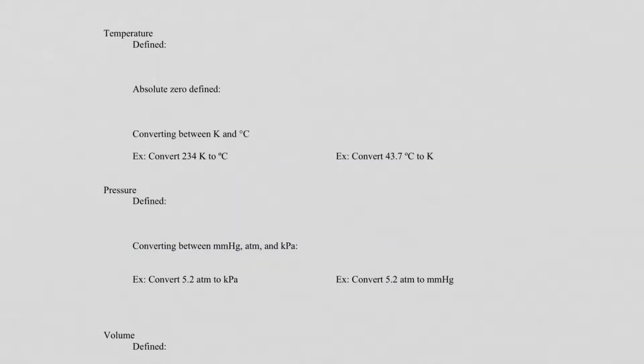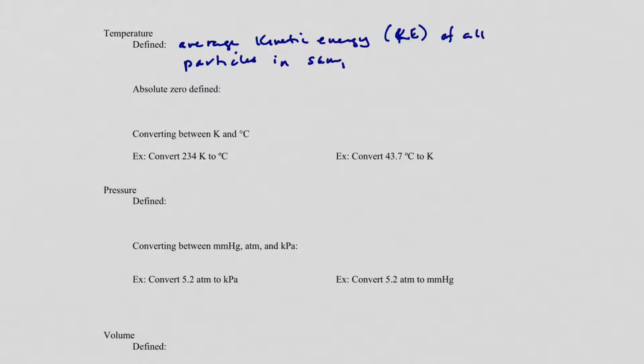Moving on to page 2, talking about definitions of temperature, pressure, and volume. Temperature is defined as the average kinetic energy, abbreviated of course as KE, of all the particles in a sample of matter.